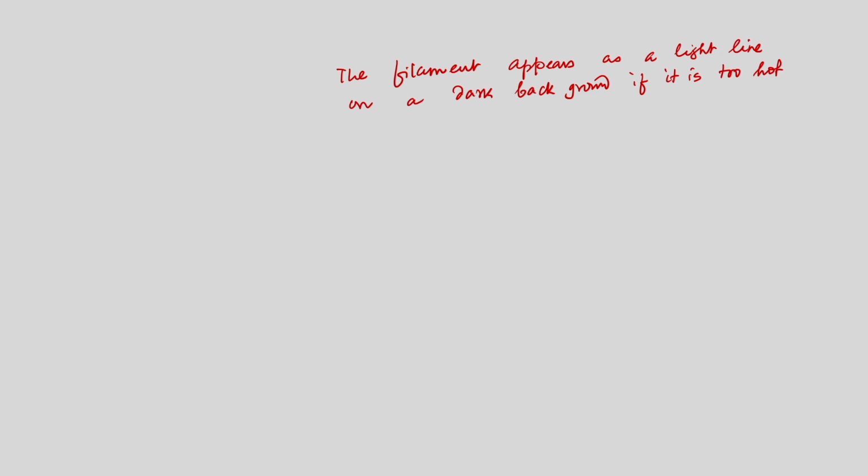That means, if it is too hot, the background is dark and the filament appears as a light line.